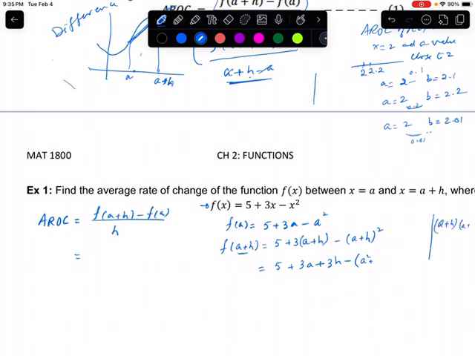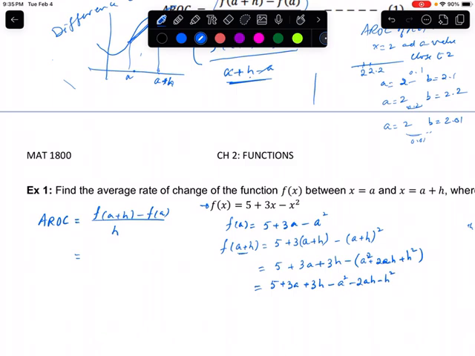You write two copies of a plus h and multiply them out, and then you bring that result and write it over here. So a squared plus 2ah plus h squared. That is what you should get. Now distribute. So 5 plus 3a plus 3h minus a squared minus 2ah minus h squared.